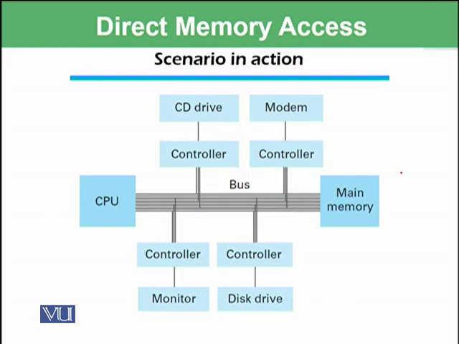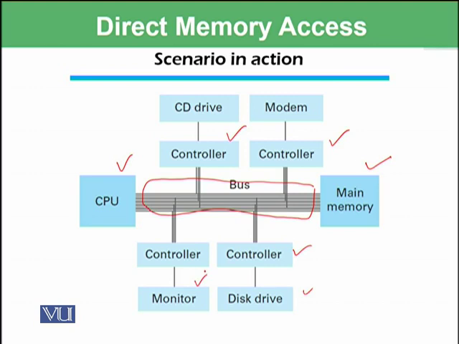Here is a scenario which we can see on this slide. For example, we have a CPU and main memory. There is a bus, which we have already discussed in one of the previous modules, connecting the CPU with the main memory, and then there is a controller available here for all of the devices.